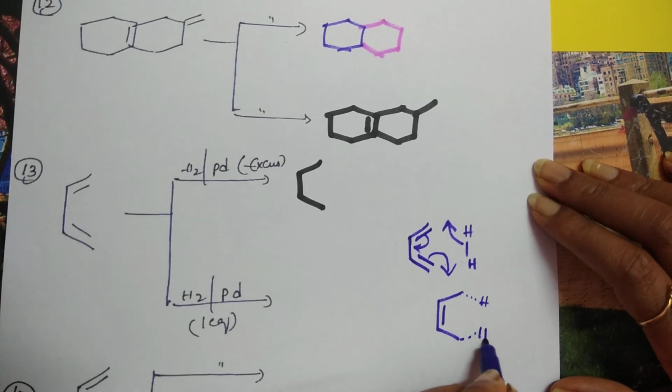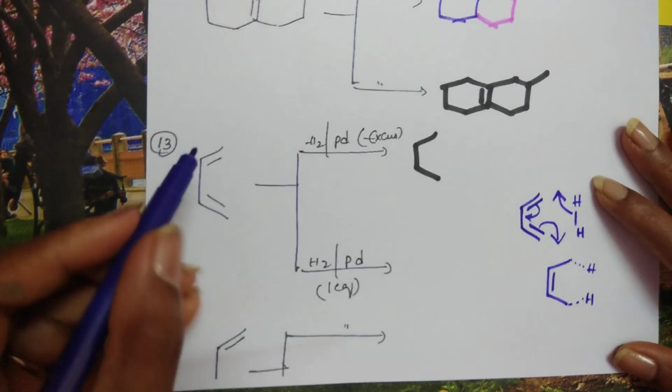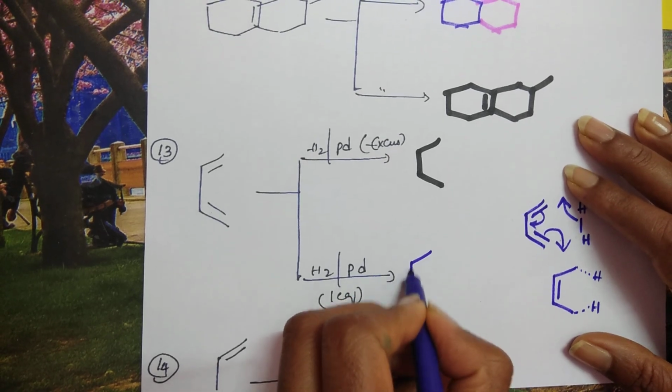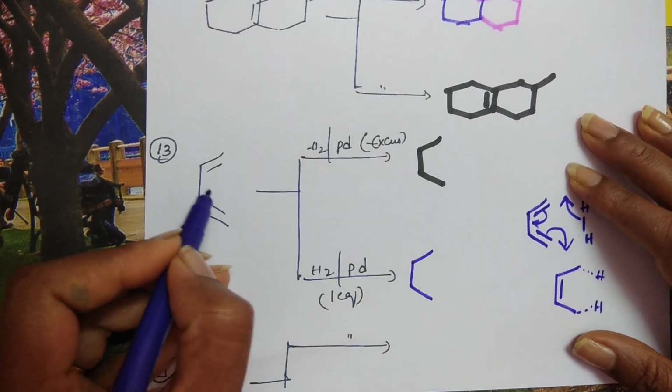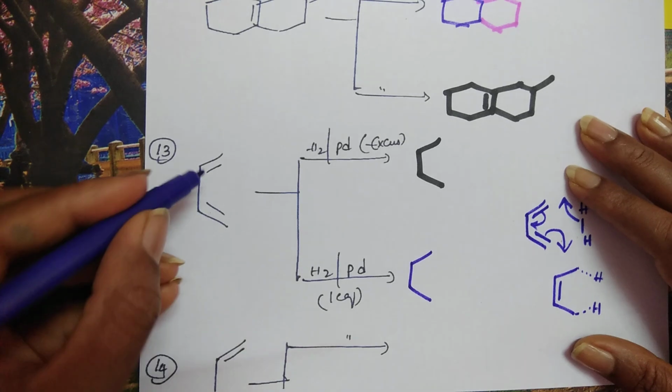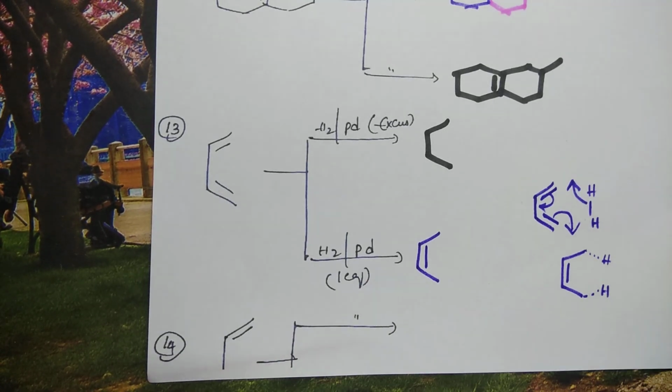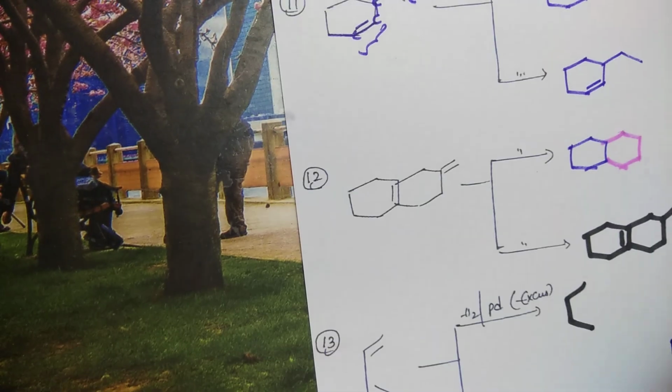What I want to say is, whenever there are alternating pi bonds, you have to convert pi bond into single and single into pi, which means between these two a pi bond will form. That's it. Whenever you see pi bonds like that, you can solve very easily.